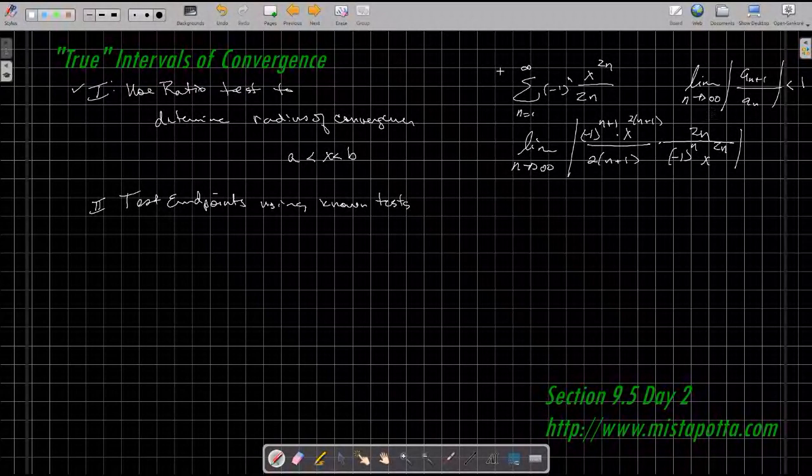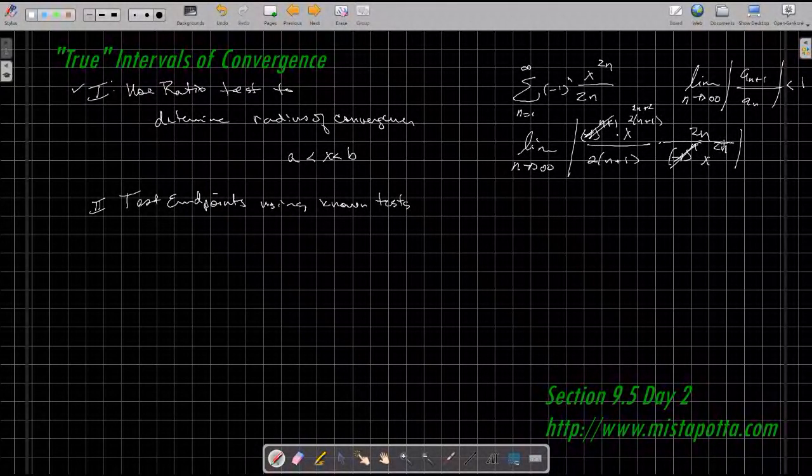So doing some reduction, because I'm dealing with absolute values, I really don't need to consider the alternating part of this series. But I do know that this is really 2n plus 2.